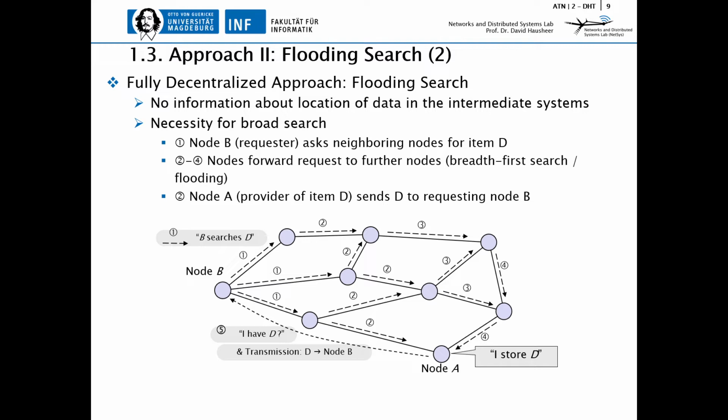Node B, which acts as the requester here, asks all its neighboring nodes for that item D. These neighboring nodes then forward that request to their neighbors, and so on, until eventually this request arrives at node A, and then node A can answer directly that it has the particular item D available and can offer it to node B.